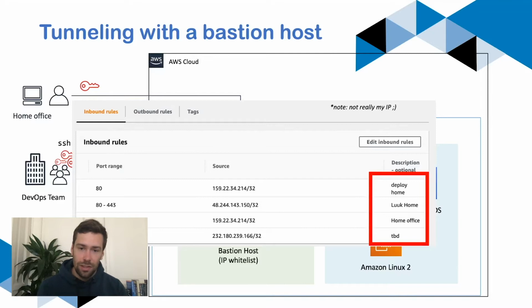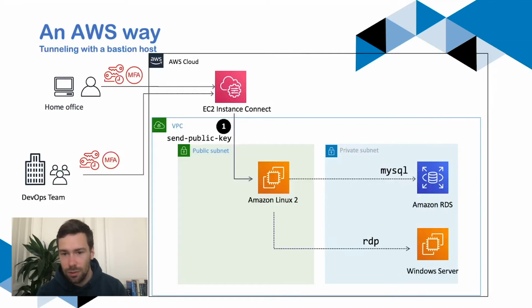To deal with some of these issues, we can make use of certain AWS services. Instead of managing SSH keys for each team member, we can give them access to EC2 Instance Connect to generate a temporary SSH key, which is available for 60 seconds to log into the instance. This action is protected by AWS Identity and Access Management, and therefore natively integrates with multi-factor authentication as well.